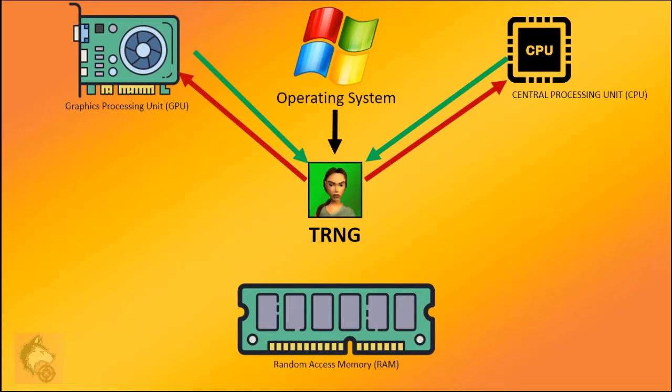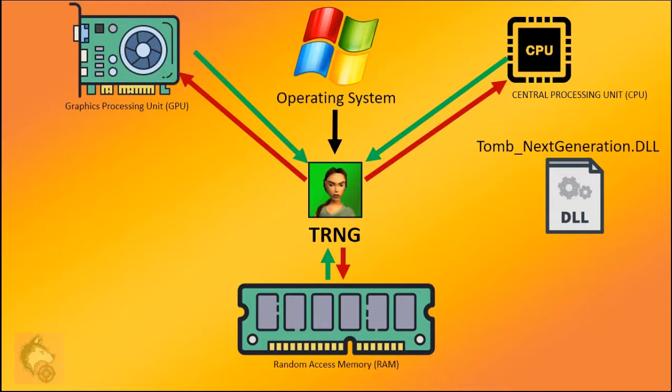Then our game will start communicating with our graphics processing unit and start preparing a window for our game, where everything should be rendered. And then it will start loading all the necessary data, such as the data for objects, for levels, into our random access memory. So this is the TRNG engine, cut and dry, nothing else.